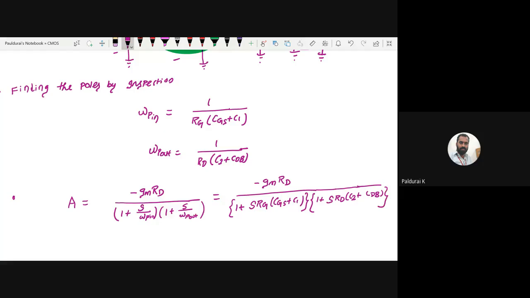Such a big derivation, right? Such a big expression. But the beauty is we are writing it in one line.